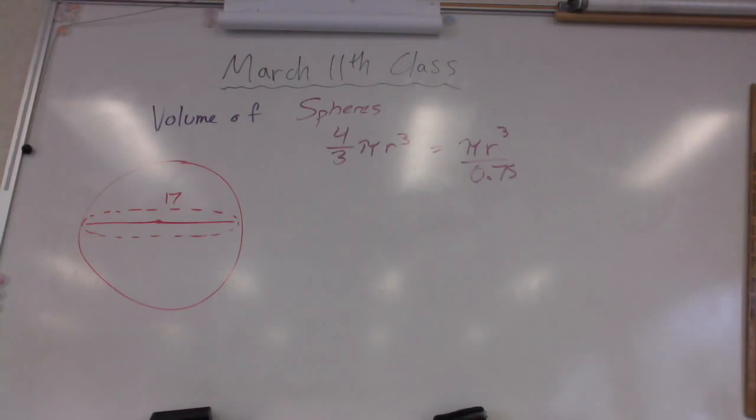Pi times 17 times 17 feet. 2,572. So pi button, and then it's 8.5. That's correct with the syntax.